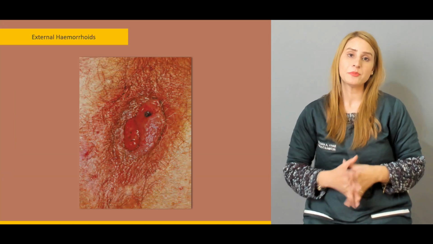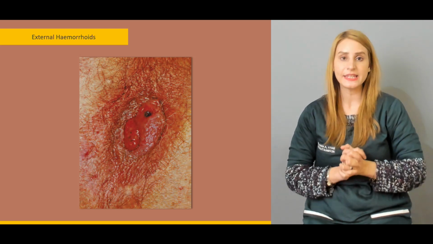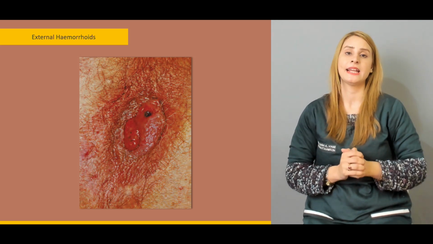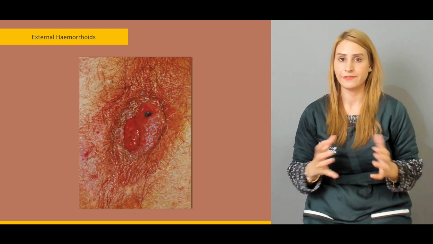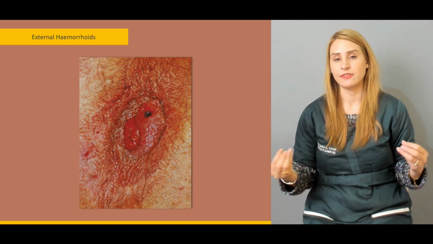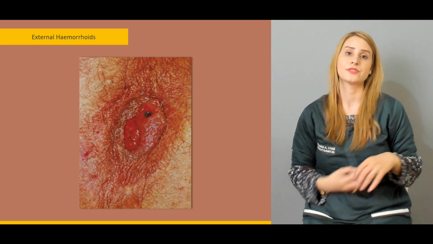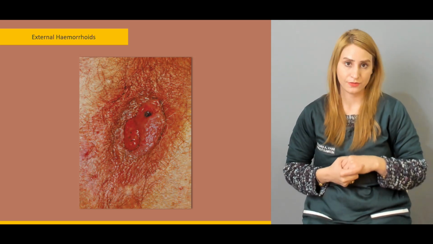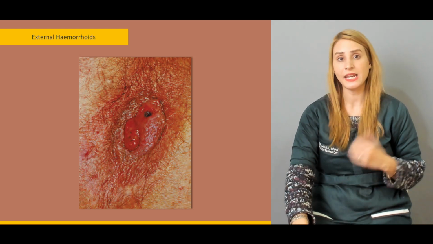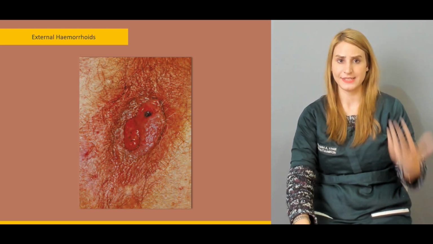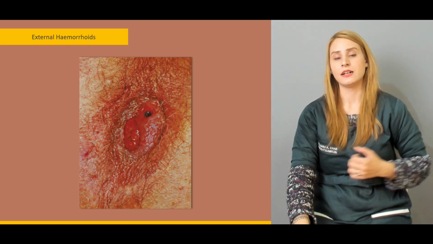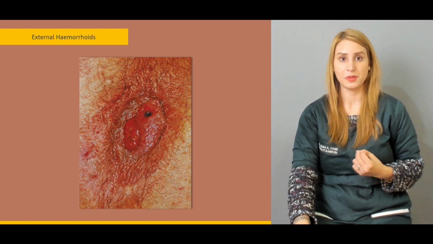Now, the external hemorrhoids are below the dentate line, and if they're just anal tags, then you don't have to do anything. But if they become swollen, thrombosed or prolapsed, then you have to go for hemorrhoidectomy, and they are painful because of the sensory nerve supply.